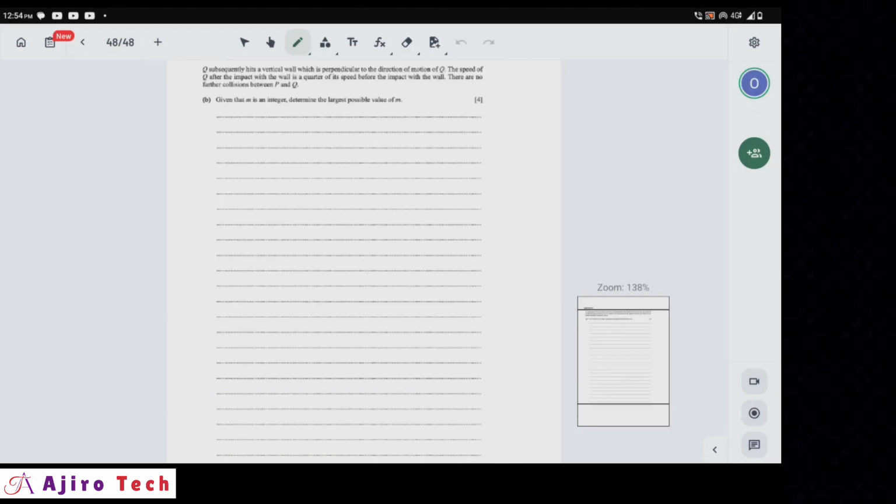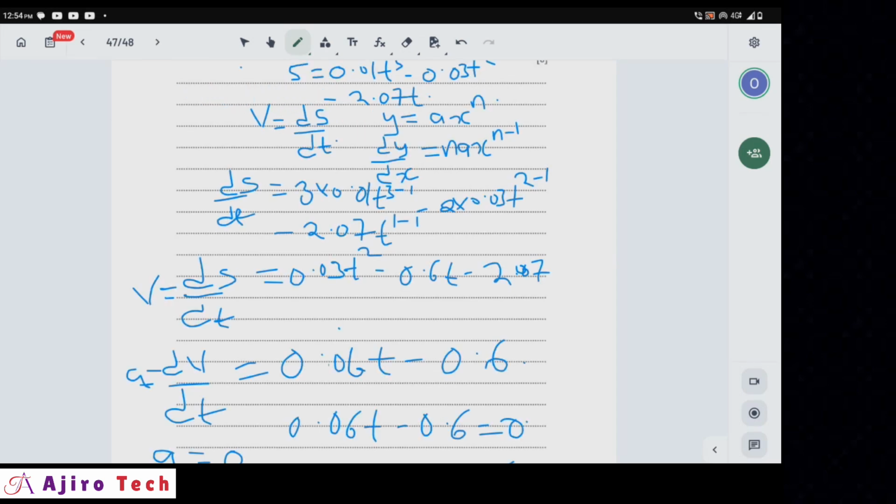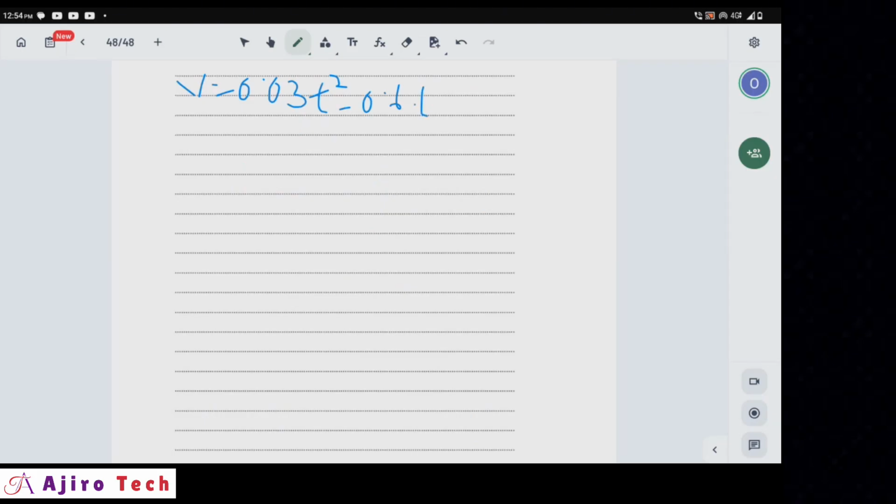So my v is equal to 0.03t squared minus 0.6t minus 2.07.